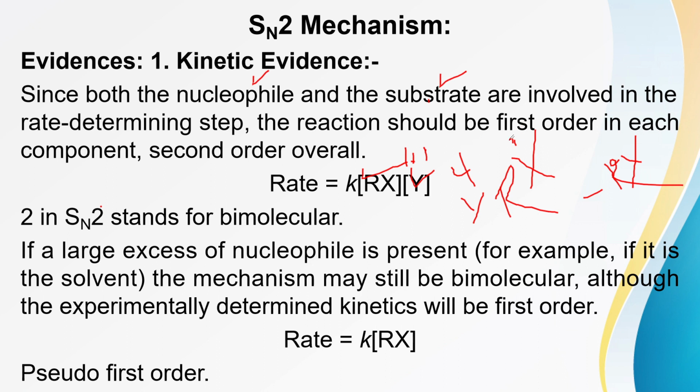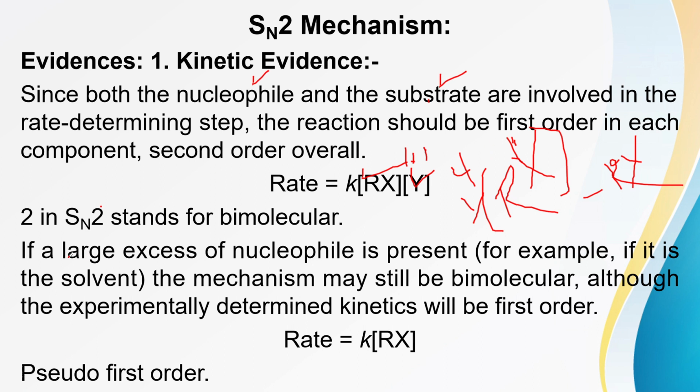Because only one molecule of RX is available, on which Y attacks and gets converted into RY. So which reactant is controlling the reaction? Just RX, because it is present in a small amount, and you have a clear concept about the limiting reactant. The reactant which is present in a small amount controls the reaction. So in such a situation, the order depends only on the concentration of RX.